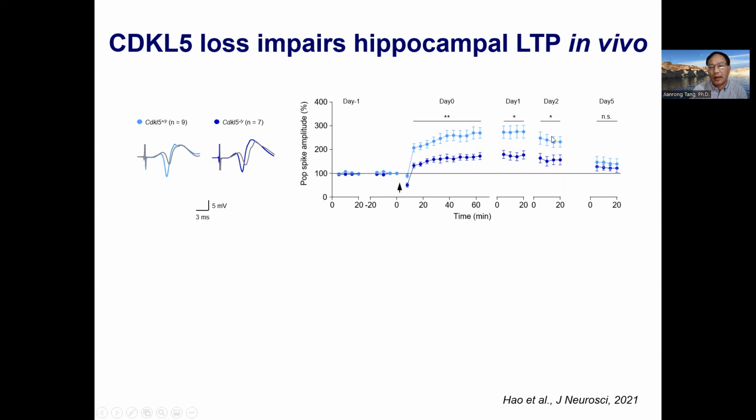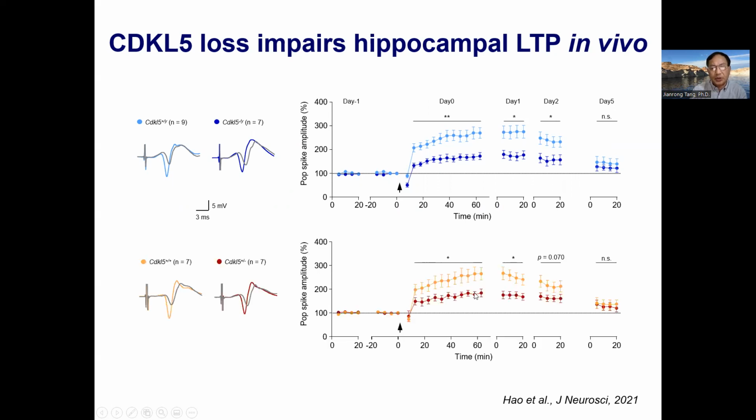But compared to wild type, CDKL5 loss causes LTP impairment. Same situation in the female mutant mice. Compared to the wild-type female mice, the mutant female mice show impaired LTP for 2 to 3 days.